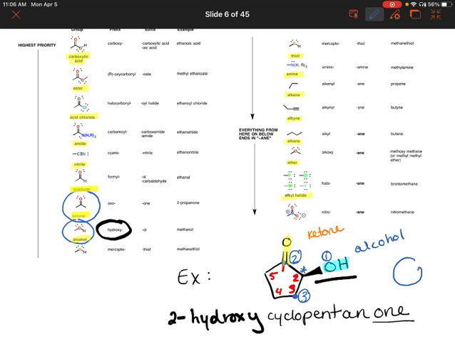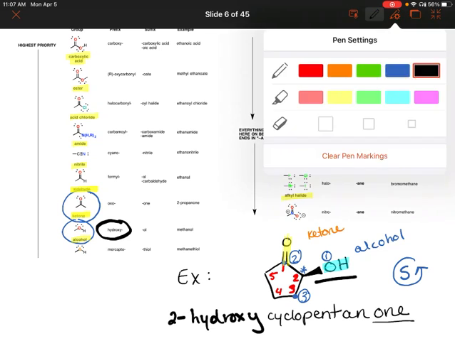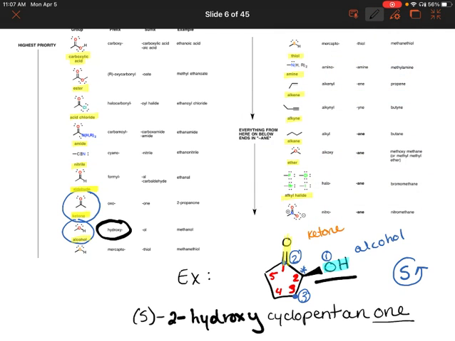So 1 to 2 to 3, is that R or S? It's S. Okay, so we can add an S to the front here. So S2-hydroxycyclopentanone. So again, if you have multiple functional groups on your chain, you can look at this chart to figure out which one should come first.